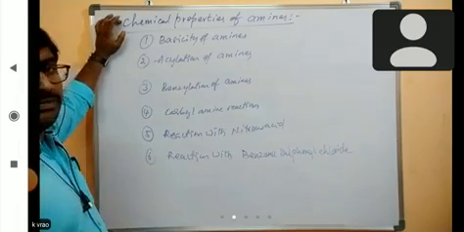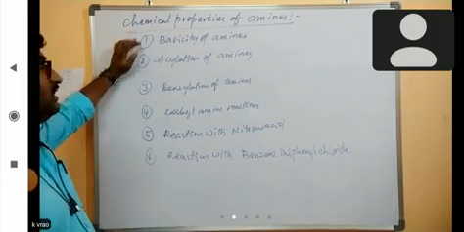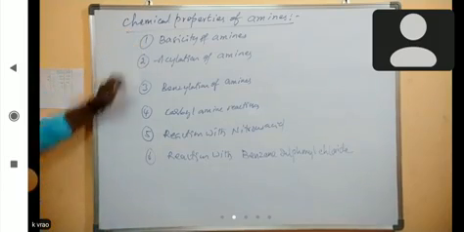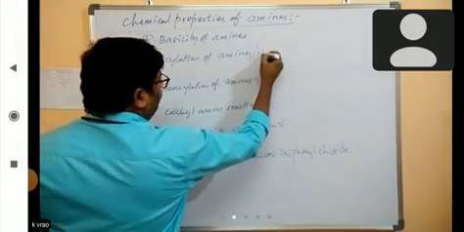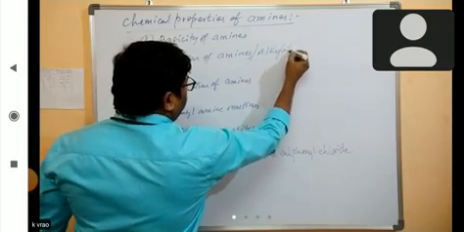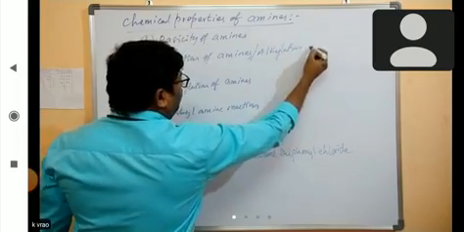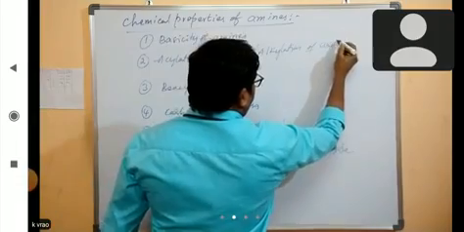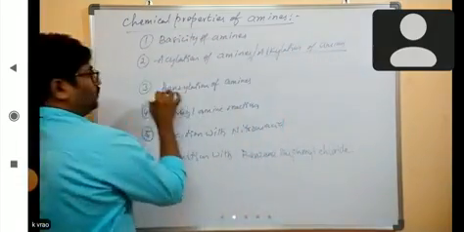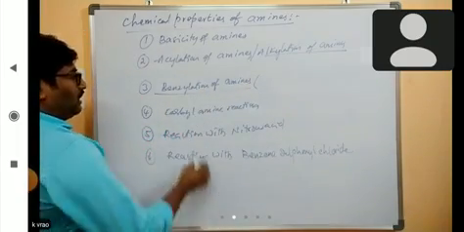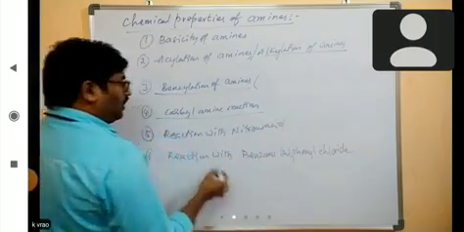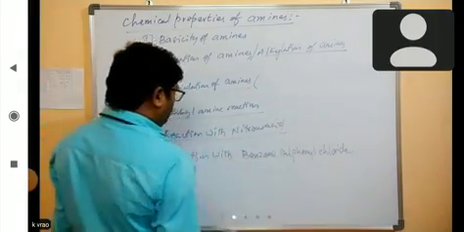Chemical properties of amines. First one is basicity of amines. Second one is acylation of amines, or in this category, alkylation. Third one, benzylation of amines. Carbylamine reaction. Reaction with nitrous acid.